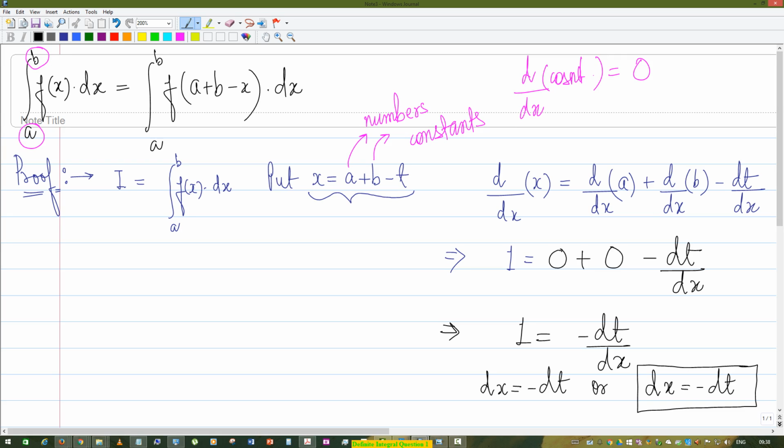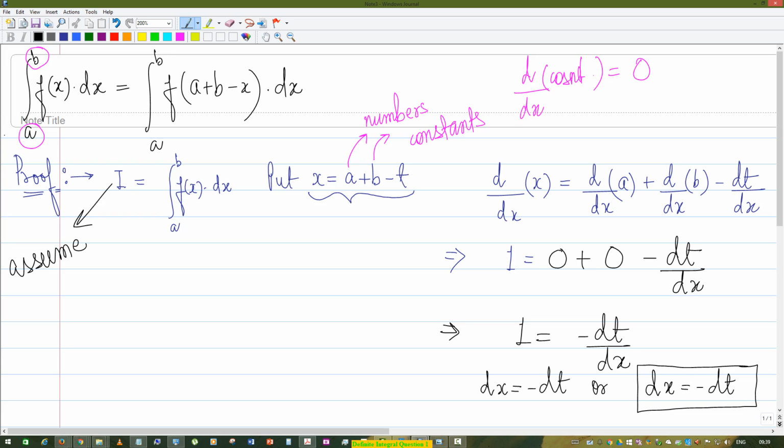So let me go back again. We had assumed this integral of a to b f x dx, wherein the lower limit is a, the upper limit is b, the differential coefficient is dx, and the function is a function of x. So I have assumed it the value I. So I is equal to the integral from a to b of f x dx.